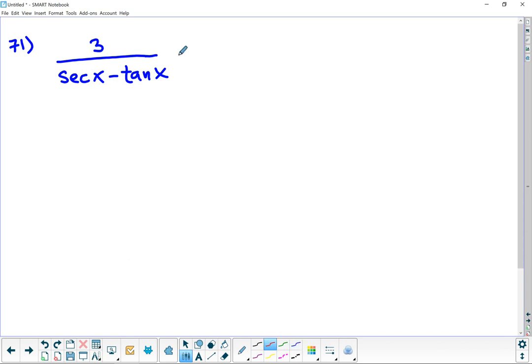Right, so again, I'm going to go ahead and conjugate this, or rationalize this, using the conjugate of the bottom, which is going to be secant x plus tangent x, and then the top is going to be the same thing, secant x plus tangent x. Go ahead and do the area models or multiply it out, whatever it takes.